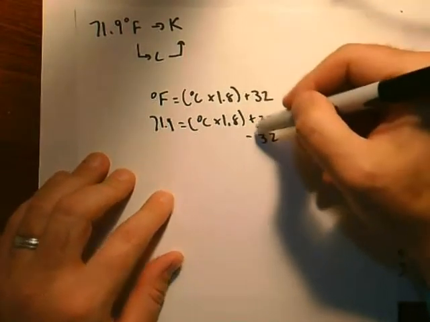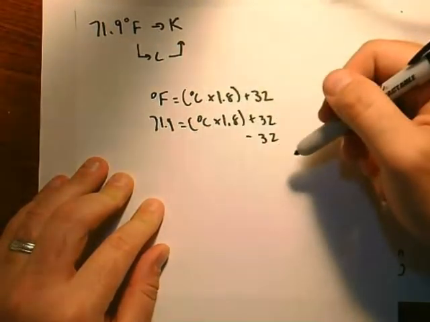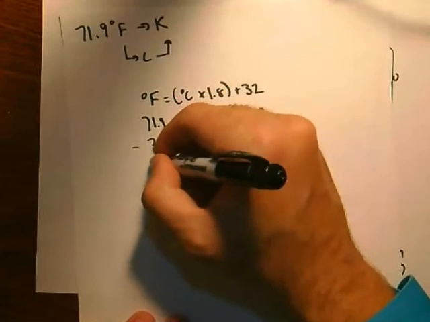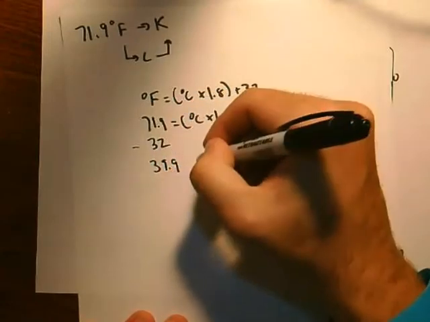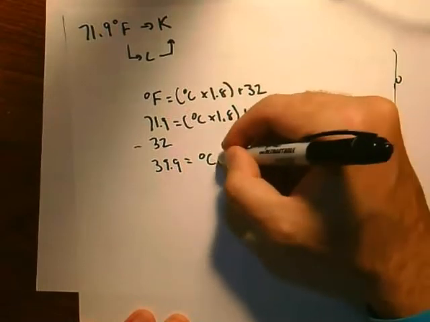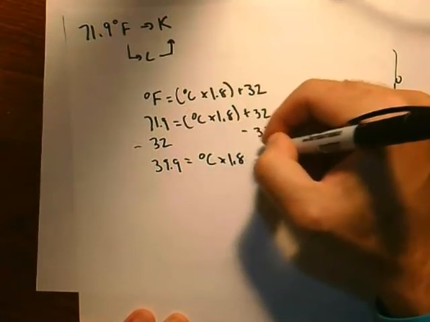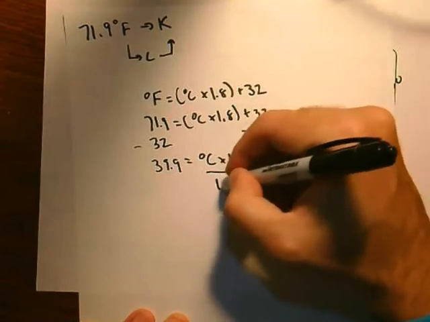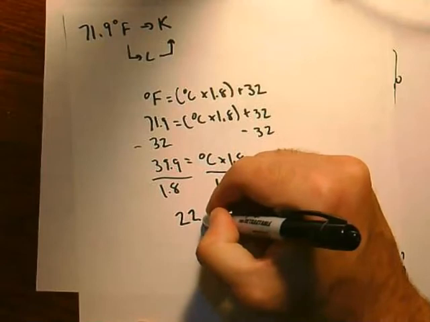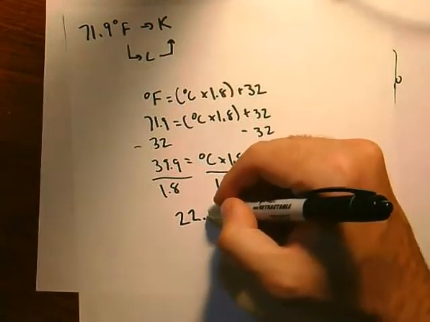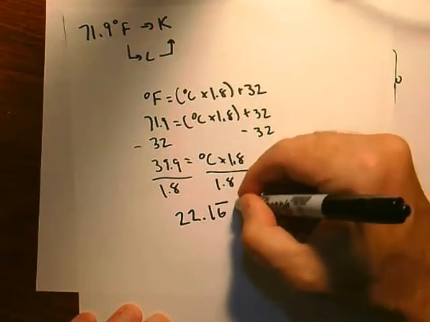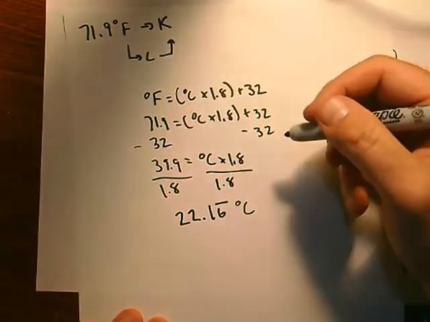Remember, order of operations: you can't do the parentheses first, so we subtract 32. So we get 39.9 equals temperature in Celsius times 1.8. We divide both sides by 1.8, and we get 22.16 repeating as our temperature in Celsius.